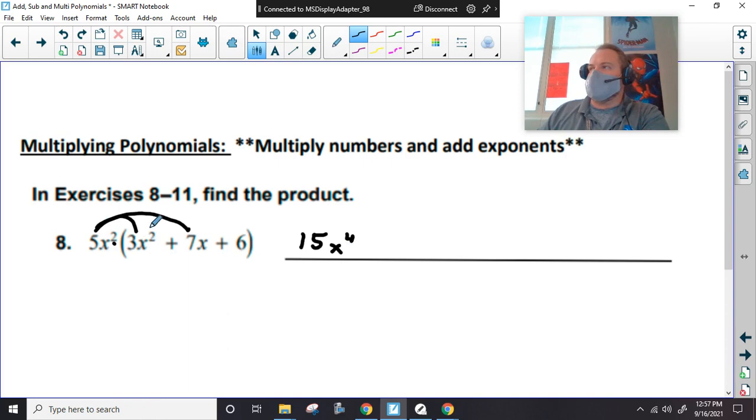All right, 5 times 7 is 35. This is 2 and 1, so we get 3. And 5 times 6 is 30.